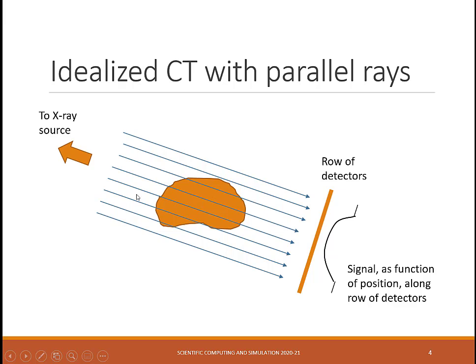Any CT scan device operates with two main components: an X-ray source generating parallel X-ray beams and a row of X-ray detectors that receive the X-ray beams as raw data. As shown here, the X-ray detector is positioned on the opposite side of the X-ray generator.